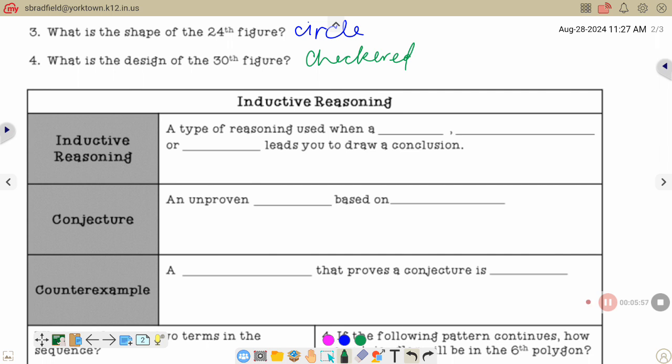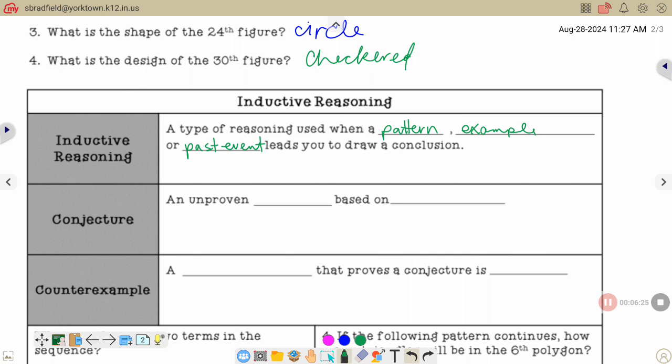Inductive reasoning is a type of reasoning used when a pattern, example, or a past event leads you to draw a conclusion. Okay? Not facts, but just what we've seen.